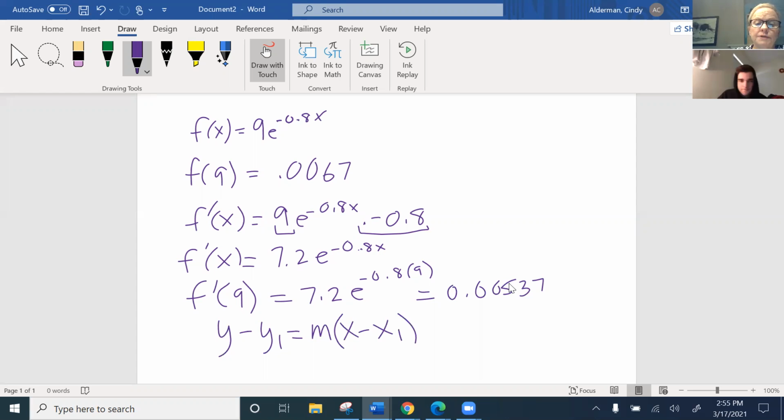Yeah, that's just a chain rule. So then from here, all you're going to do is plug in your y1. So here's your x1, here's your y1, right? You're going to plug in your x1 and your y1, and the slope goes in here, and then just solve for y. Negative 0.8 times 9. Gotcha. Put it on the calculator. You can do that on your own, right?